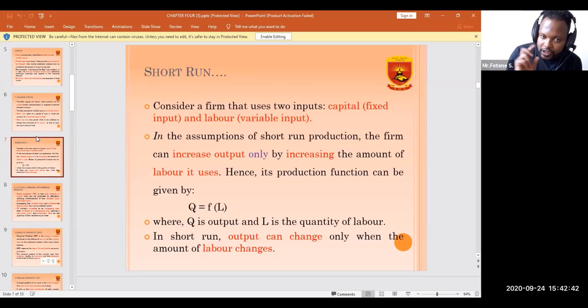A firm or company uses capital, which is a fixed input, and then labor is a variable input.